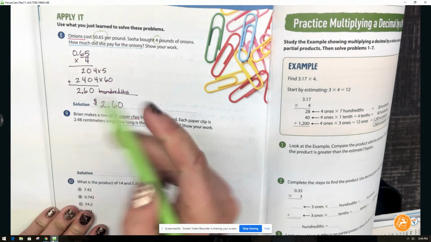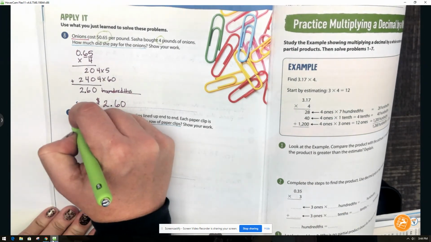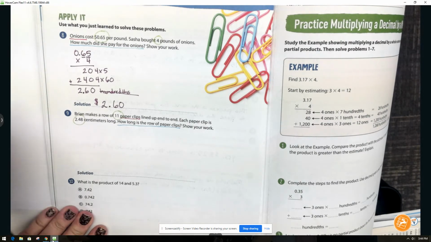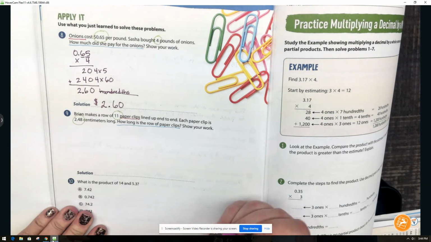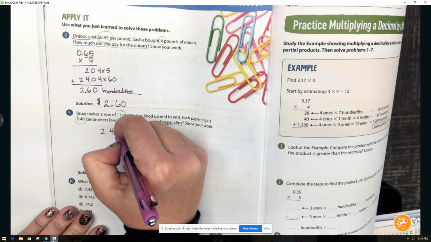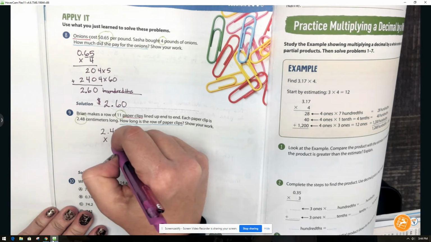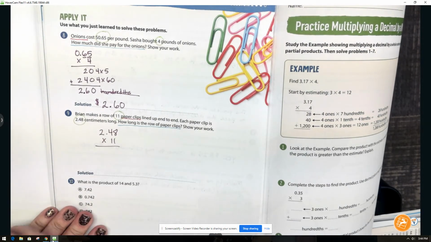And we know that the important information is that there are 11 total paper clips, and each paper clip is 2 and 48 hundredths centimeters long. So we have our 2 and 48 hundredths, and we're multiplying it times 11 paper clips. Now up here I used the partial product method.